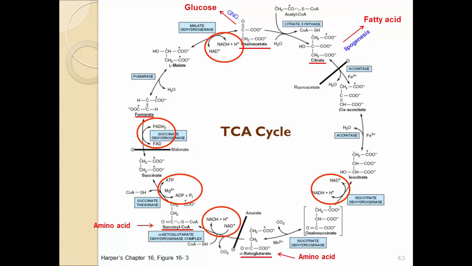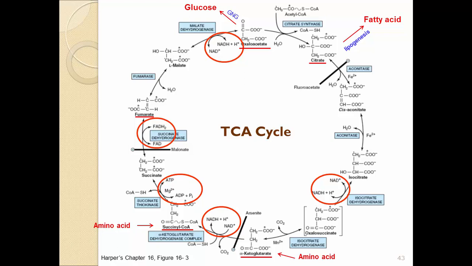And then this NADH or FADH will eventually go to oxidative phosphorylation, the electron transport chain, for ATP production. And I just wanted to remind you, how many acetyl-CoA molecules are produced from one glucose?